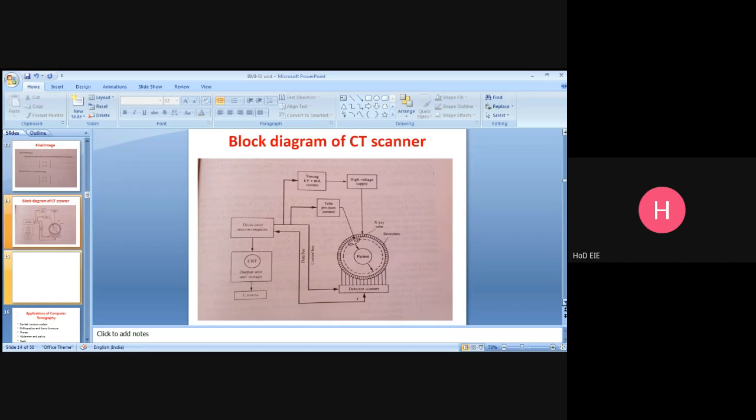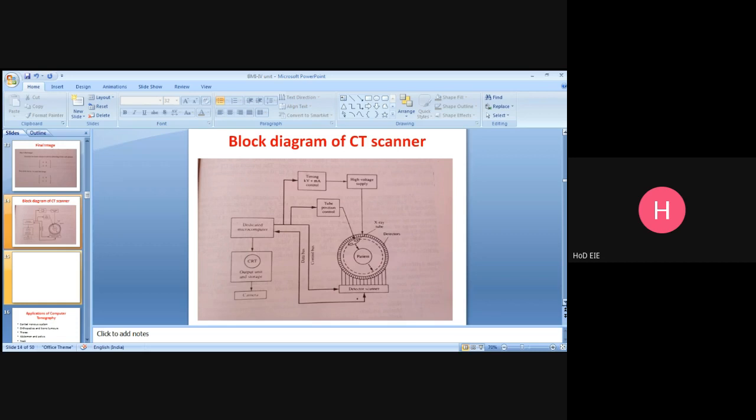You can mechanically rotate it along the circumference of the entire setup, which you call a gantry. Here the patient is lying inside a tube through the center of your gantry. The X-rays pass through the patient and are partially absorbed.